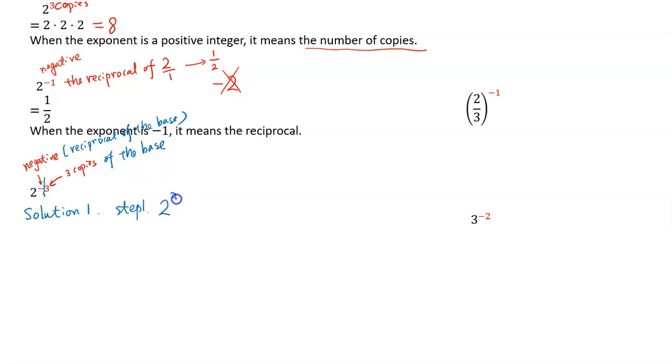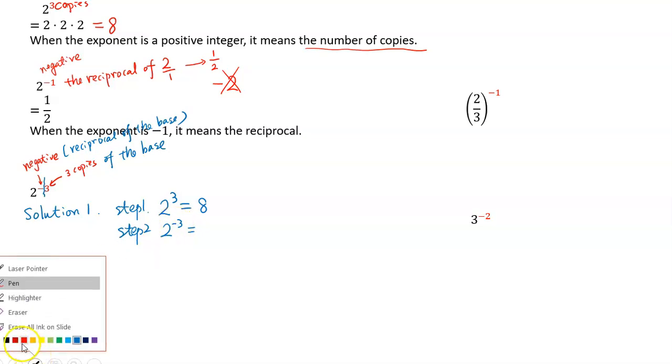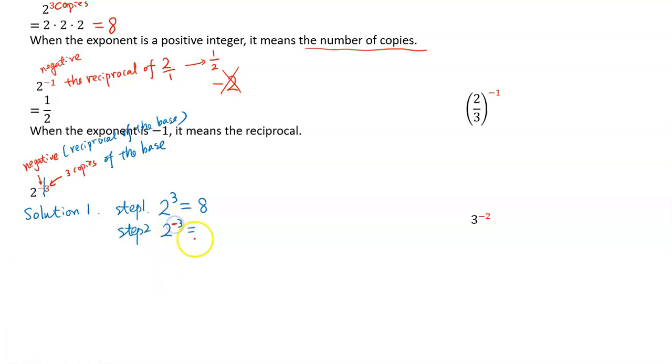So I'm going to do 2 to the third, which we already did, multiply 3 copies of 2, that gives us 8. But once we get the answer 8, because there's a minus sign in front of the exponent, we're going to take 8 and flip it. Again, this minus sign right here tells us to flip the answer we got from 2 to the third.